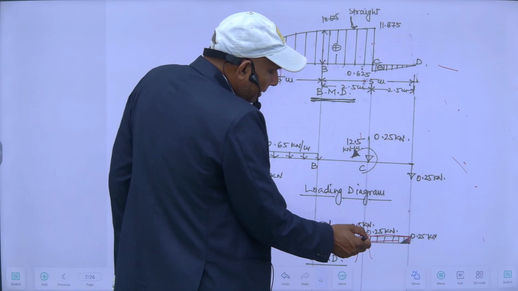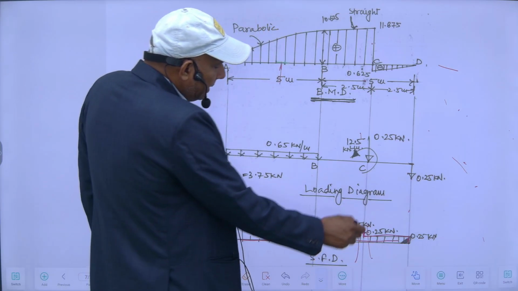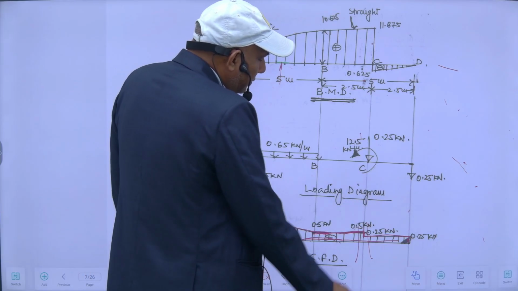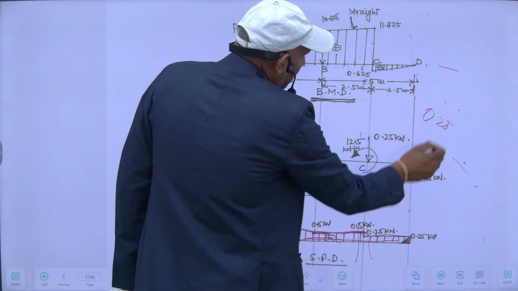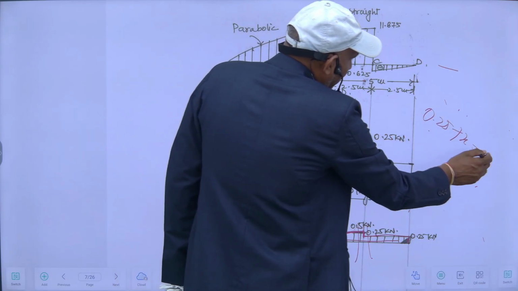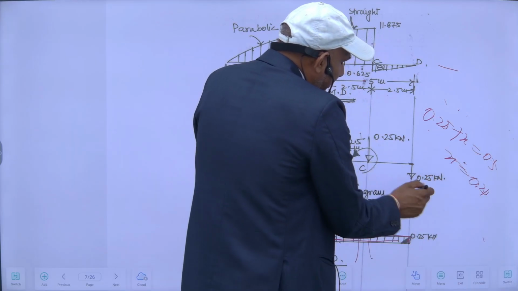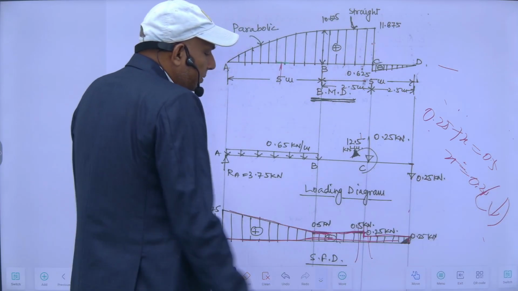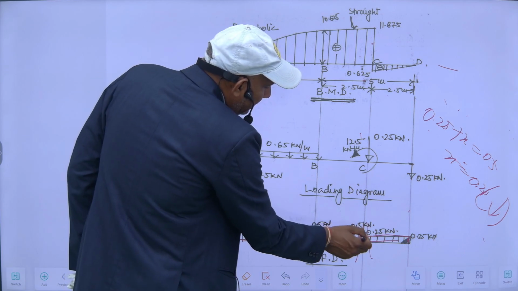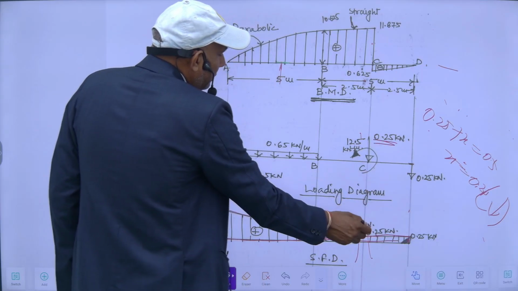It means there is a vertical load. So there is a vertical downward load, due to which 0.25 plus x is equal to 0.5. So x will be 0.25. So if I start from the right side, my downward load, shear force due to this will be positive. So it means there is a vertical concentrated load of 0.25 kilonewton here also.